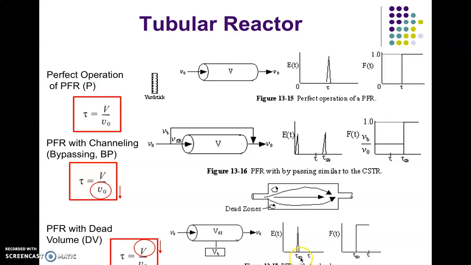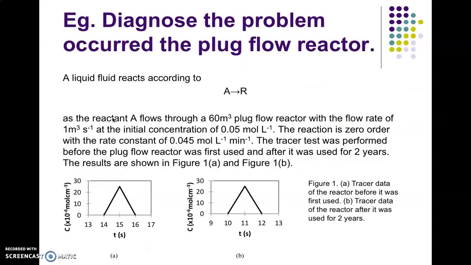SD stands for system with dead volume, SB is system with bypass. Just look at the formula: tau is equal to V over V naught, which equals tm in a closed system. So this is the example to diagnose the problem that occurred in the PFR.